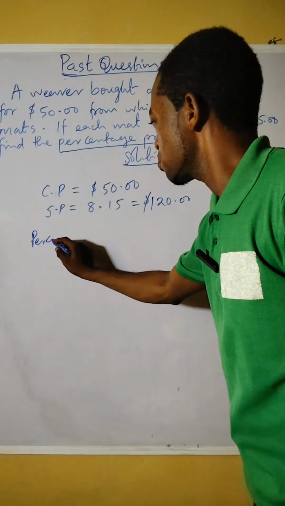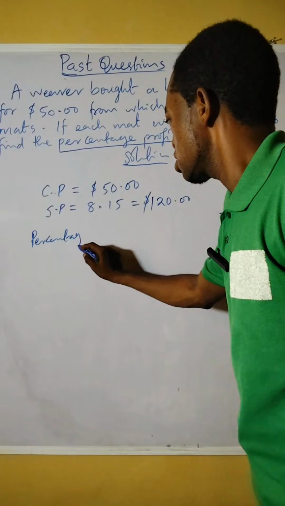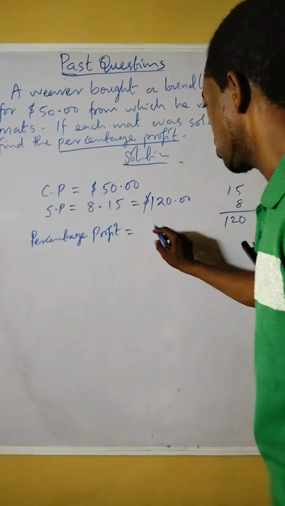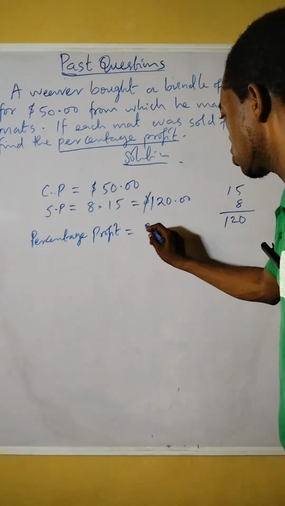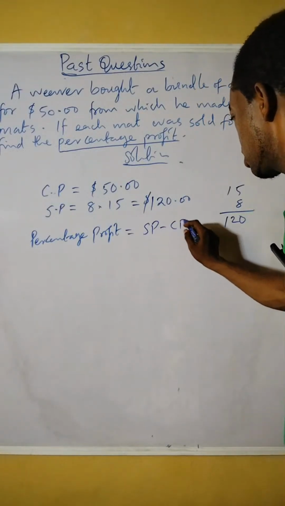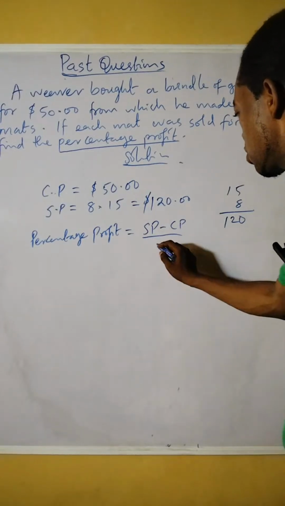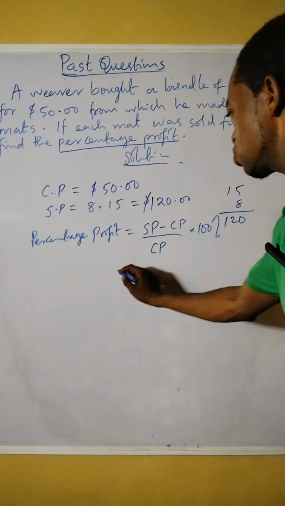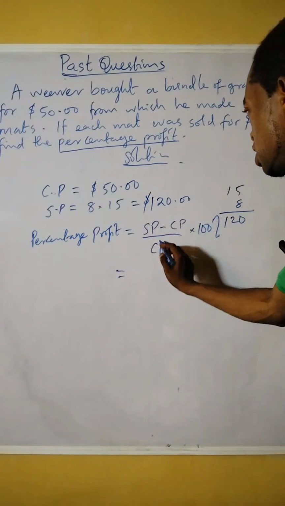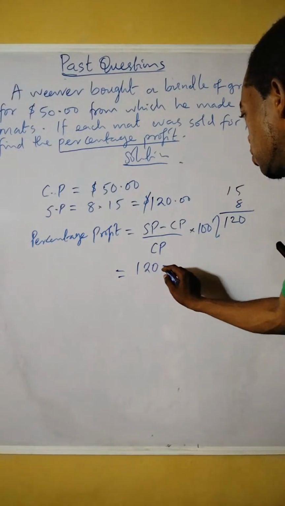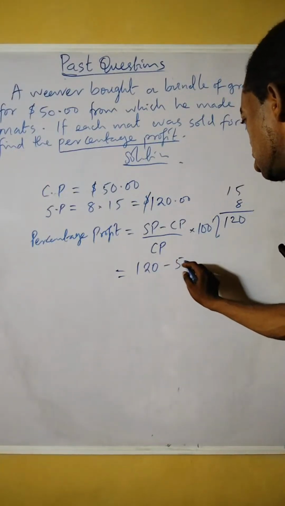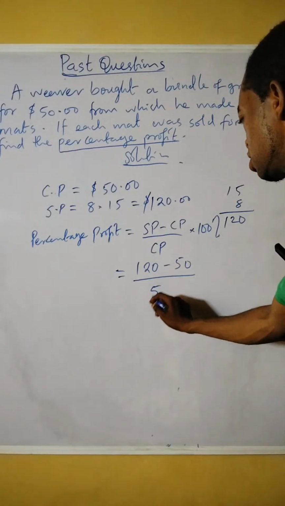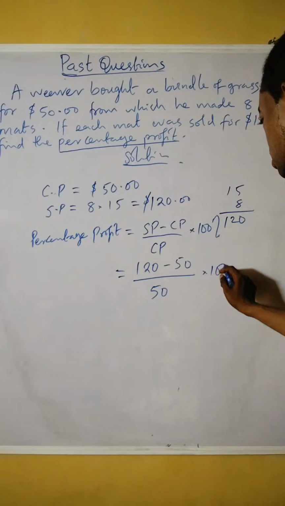So if the selling price is $120, then the percentage profit that we are finding has a formula. Percentage profit is given as the profit, and the profit is always selling price minus cost price, over the cost price, times 100%. So from here, selling price, that's 120 minus the cost price 50, over the cost price, which is 50, times 100%.